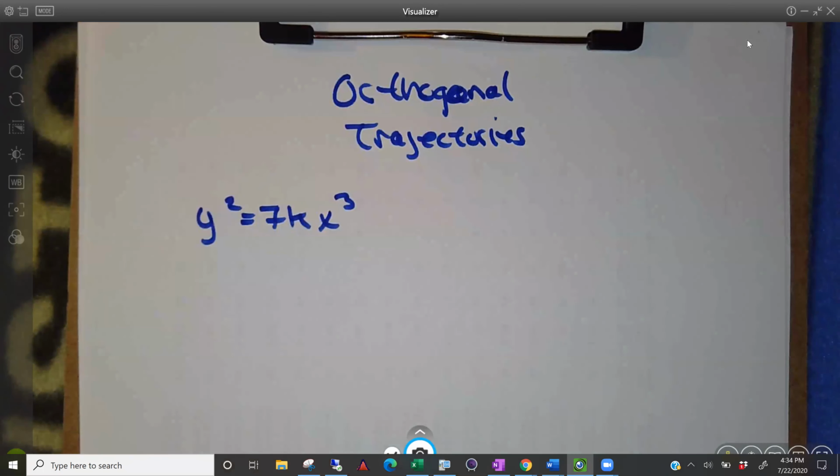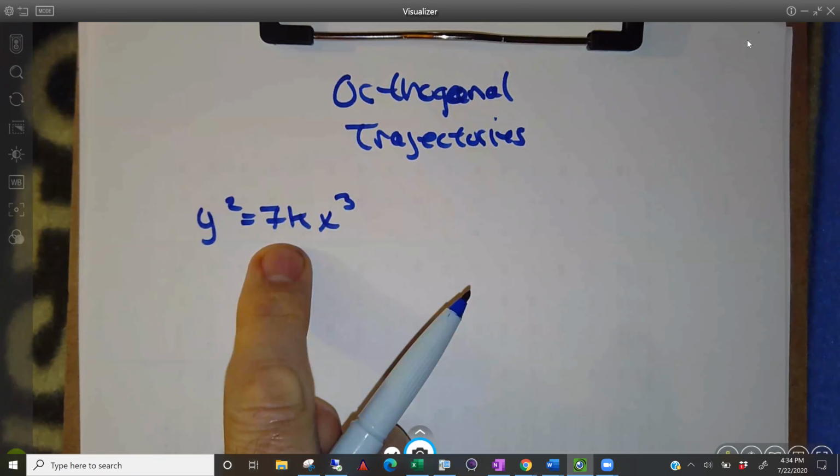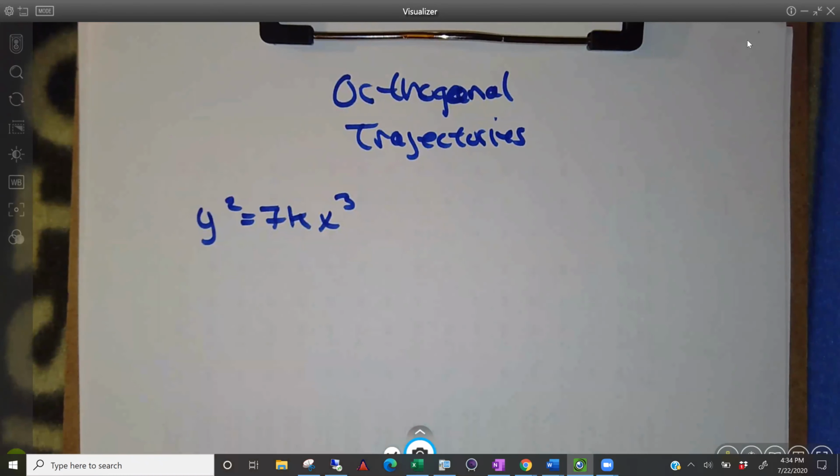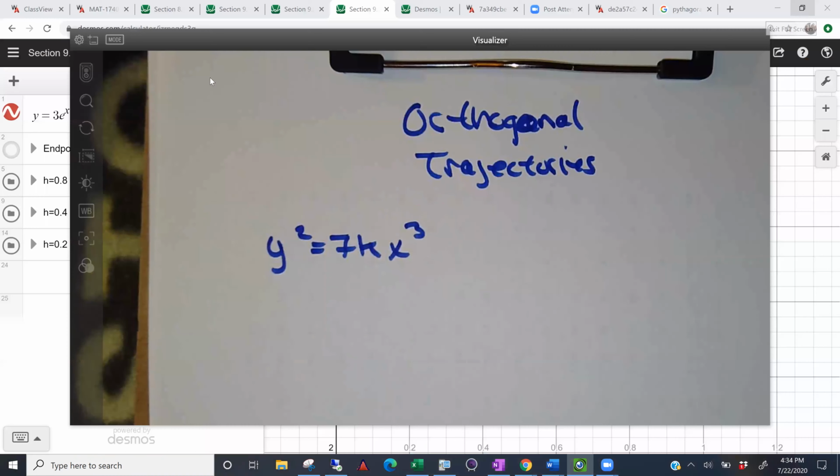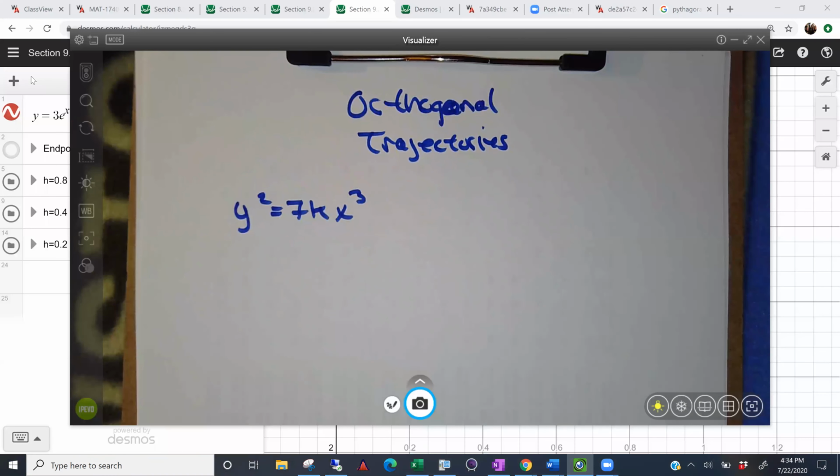And for different values of k, this is going to represent a family of curves. So, great. In fact, I'm going to see if I can pop up such a family of curves on WebAssign.